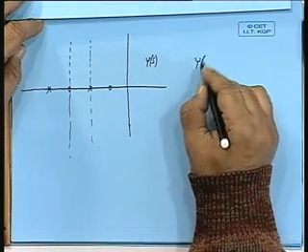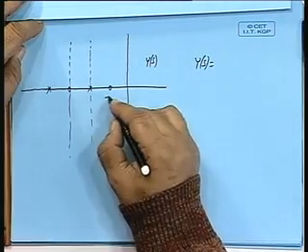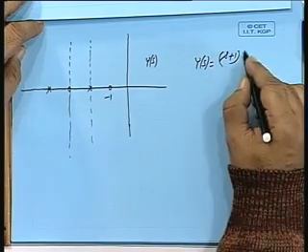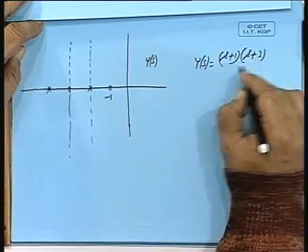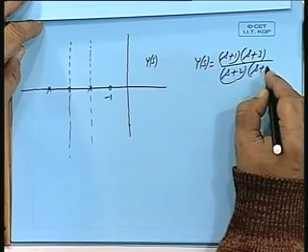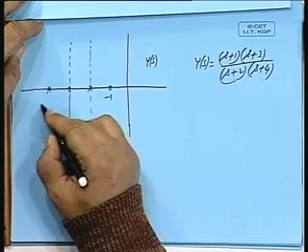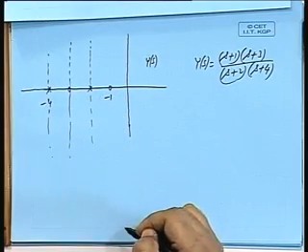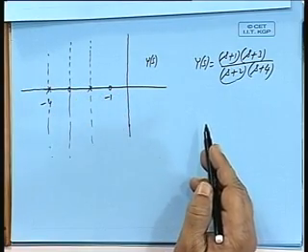Say ys is, once again I can put it as s plus 1, s plus 3, s plus 4. So, this is an admittance function of an RC network, okay.